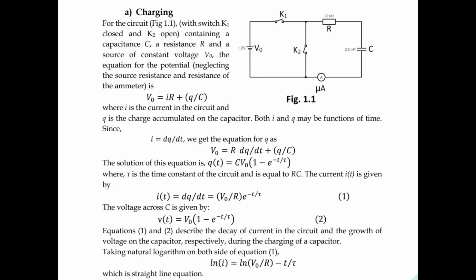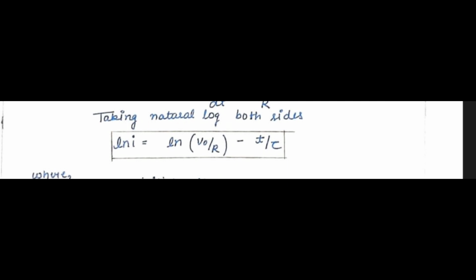of the theoretical from the observed values in both the cases of charging and discharging by drawing a graph of linear regression. Now for linear regression we need a linear equation, and for linear equation we will draw a graph with y as ln I and x as time.